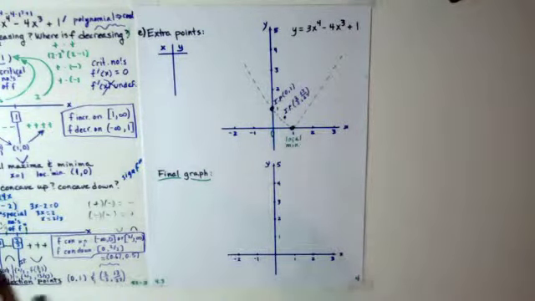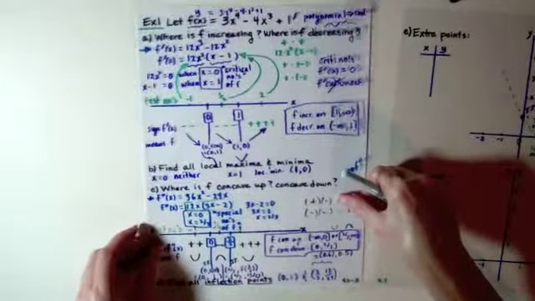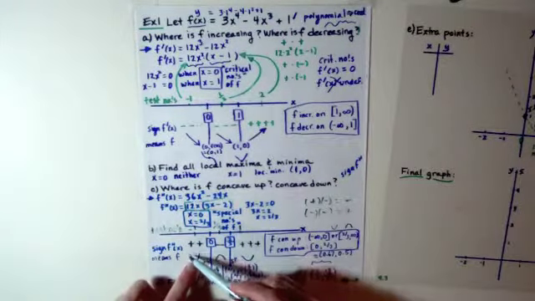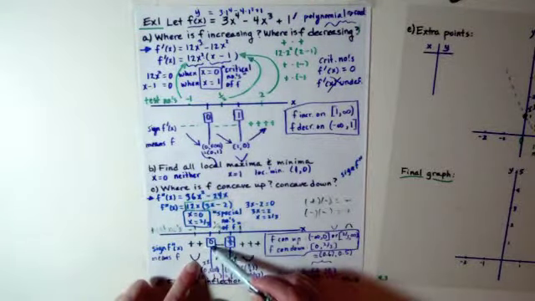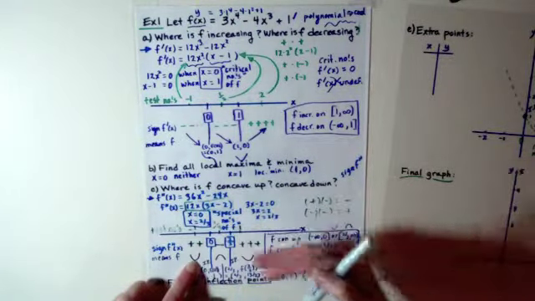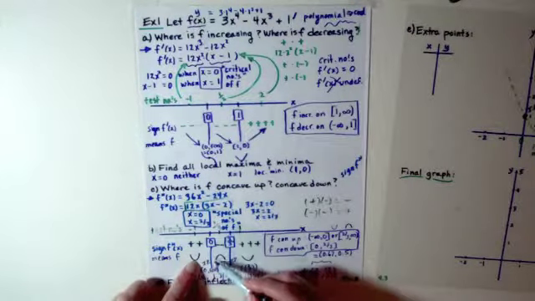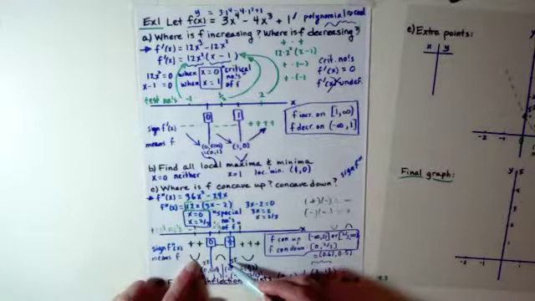Okay, now if we look back at our chart, I'm going to put that up here just for a moment in case it's hard to see over there on the left. We said that it's going to be concave up until I get to that inflection point at 0. So I'm going to think of doing my graph sort of from the left to the right. It's going to be concave up till I get to my first inflection point, and then the concavity will switch to concave down.